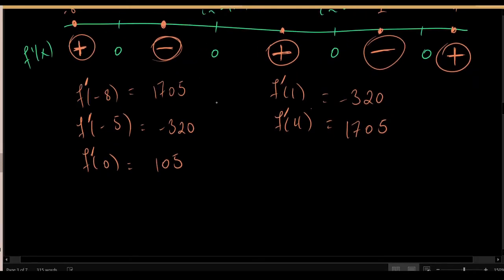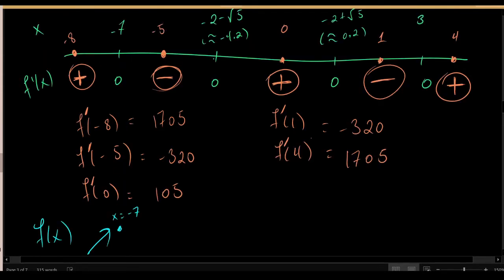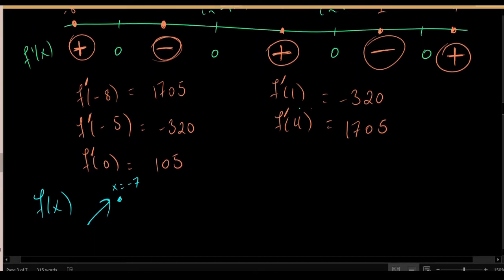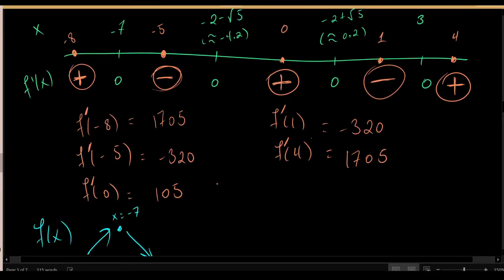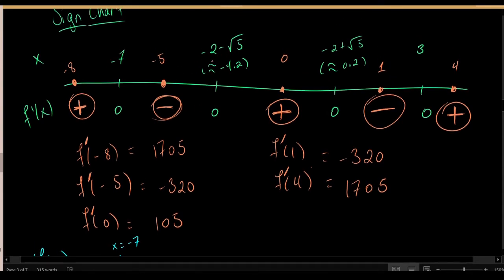So what is our original function doing, roughly speaking? f of x is increasing for a bit, and then we reach x equals -7, the critical point at -7, and then suddenly the function switches to decreasing. The function is decreasing for a while until we hit this critical point at -2 minus √5.